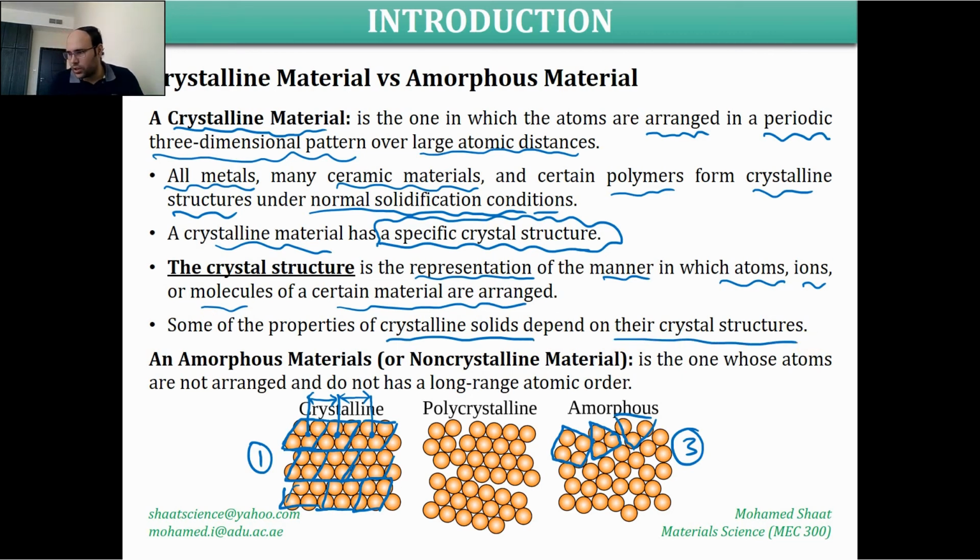This is the objective of this chapter or this course: how the material properties depend on the crystal structure, on the arrangement of atoms inside the material structure. If we are arranging these atoms in this way, what type of properties do we expect?